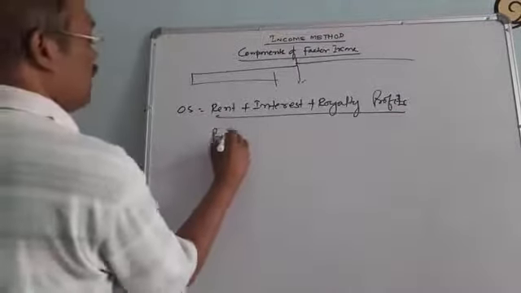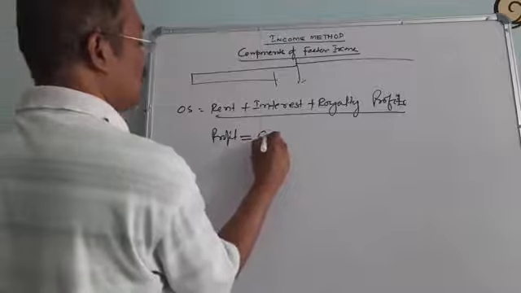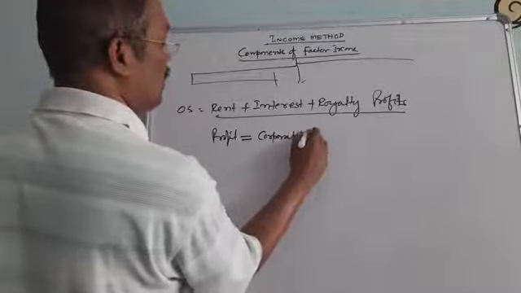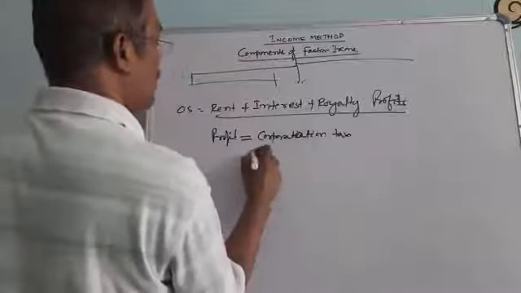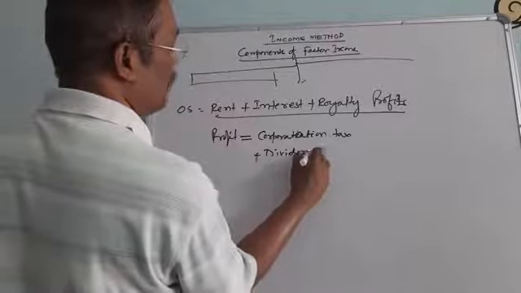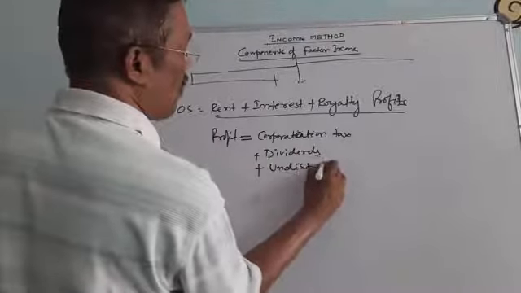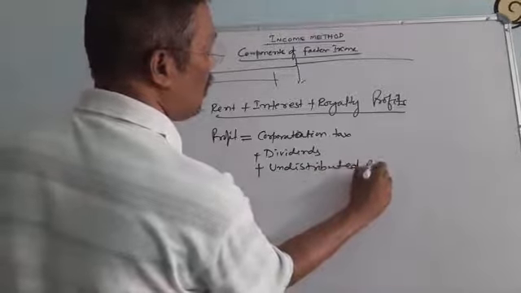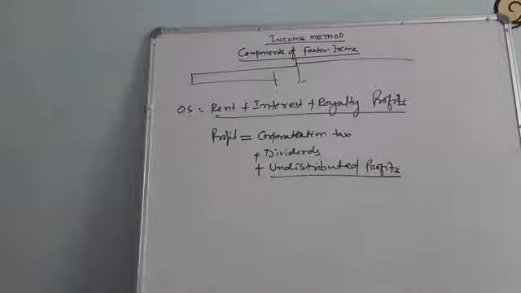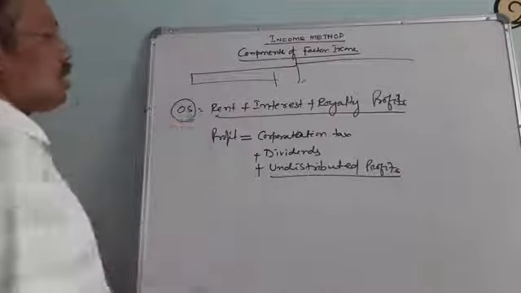Again, profit has three subparts: corporation tax plus dividends plus undistributed profits. These are called operating surplus.